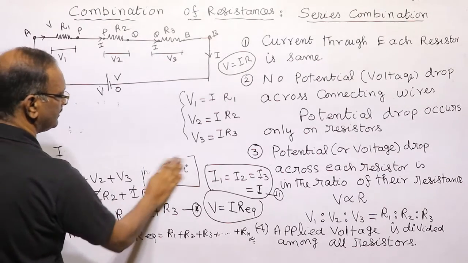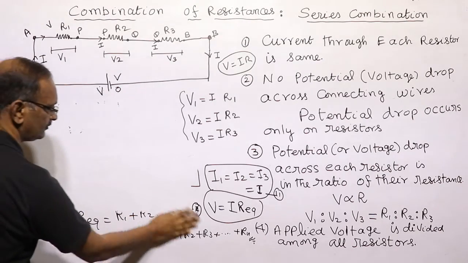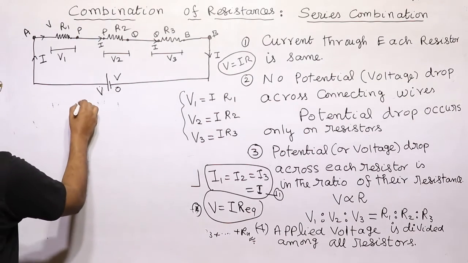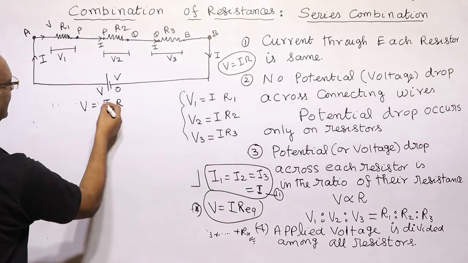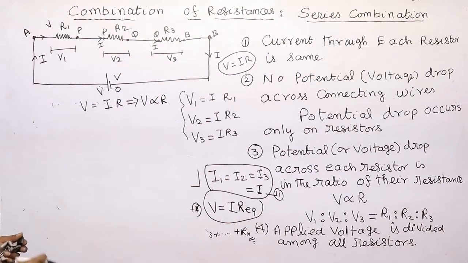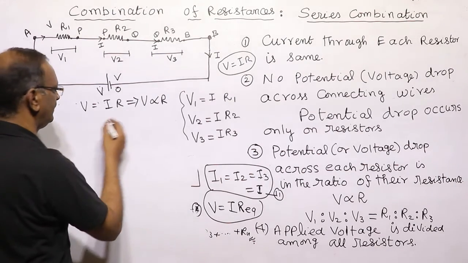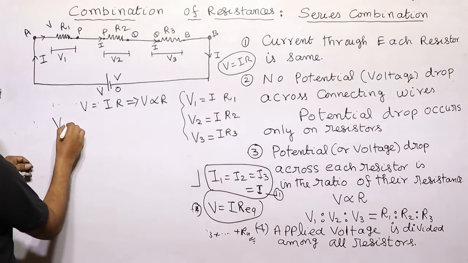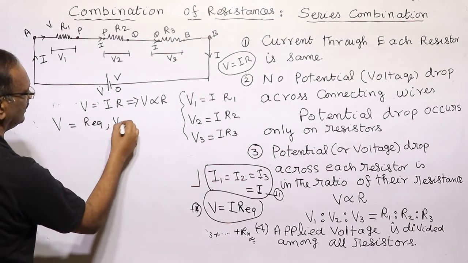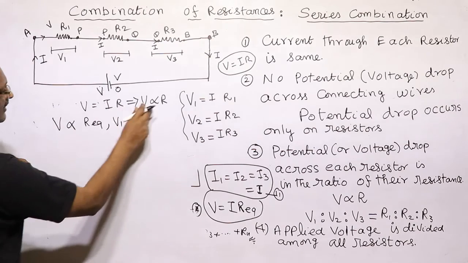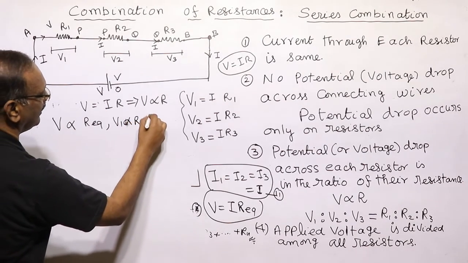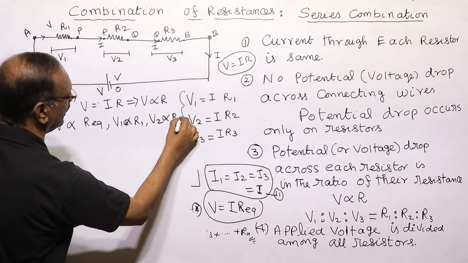So now we can write it like this. Since V is equal to I into R and I is constant, V is proportional to the respective resistance. Total voltage is equal to I into R equivalent, and because I is constant, V1 is proportional to R1, V2 is proportional to R2, and so on.